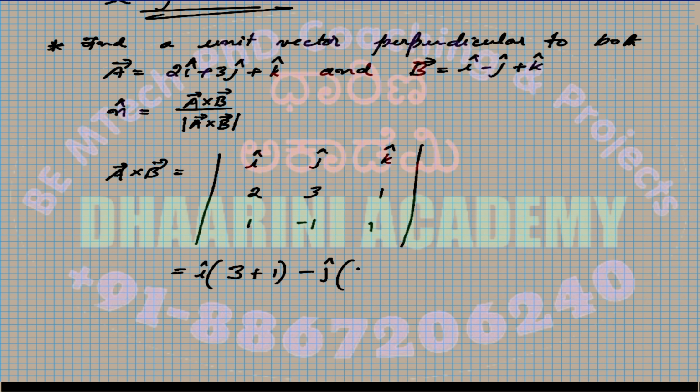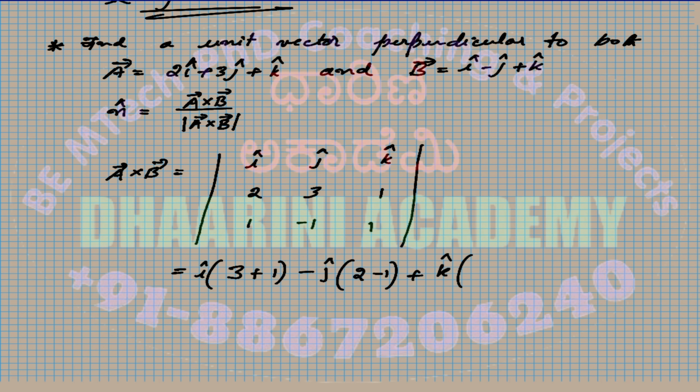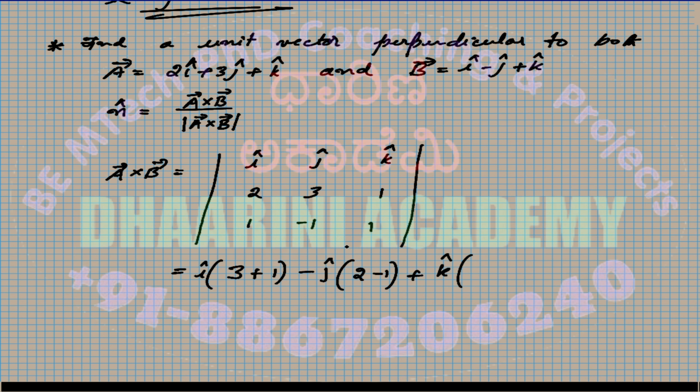Then plus k cap into, using these four, 2 into -1 is -2 minus 1 into 3, so -2 minus 3. So the answer comes to be 4 i cap minus j cap minus 5 k cap. This is vector A cross B.